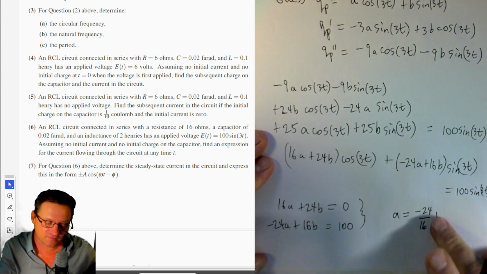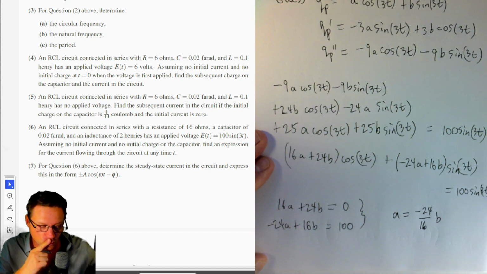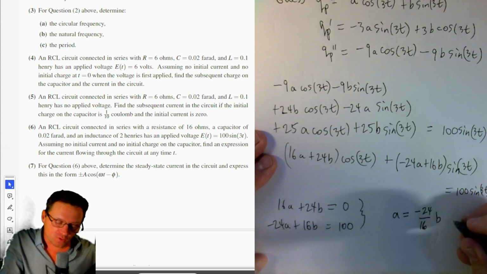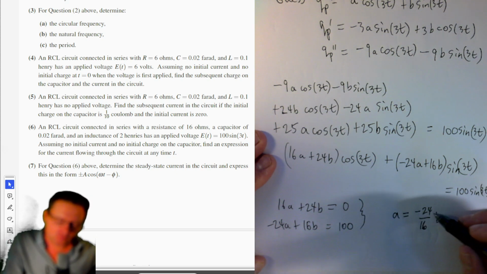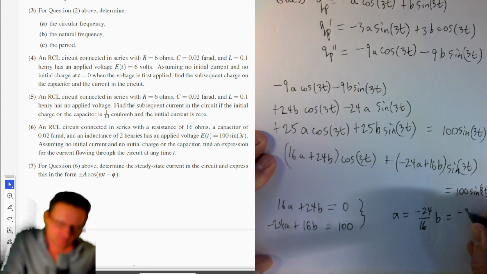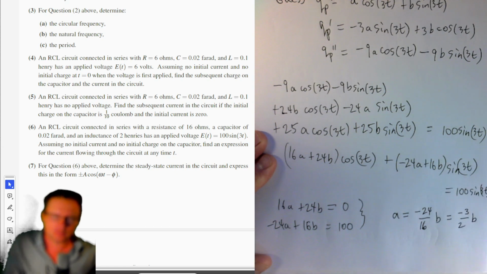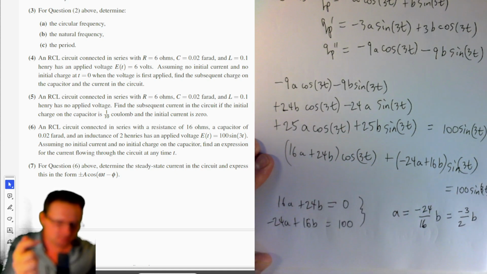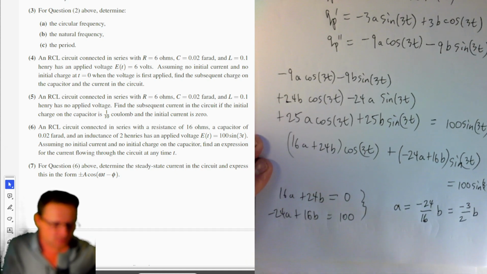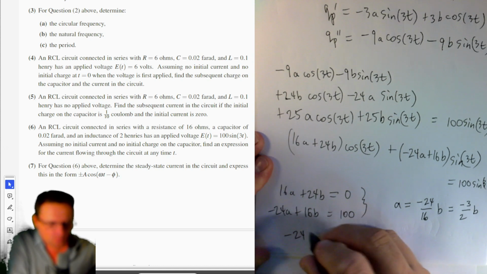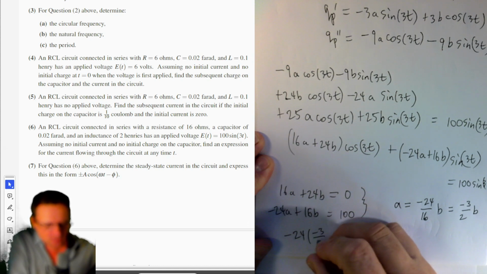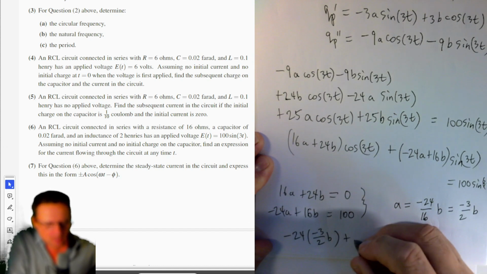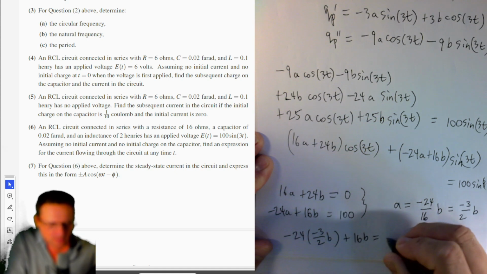Okay, and so simplifying this, because 24 is 8 times 3, we can write minus 3 over 2 b. And then take this and sub it into the second equation. So then we'll get minus 24 times minus 3 over 2 b plus 16b is 100.